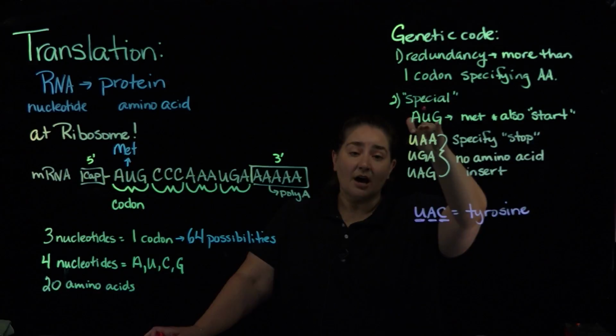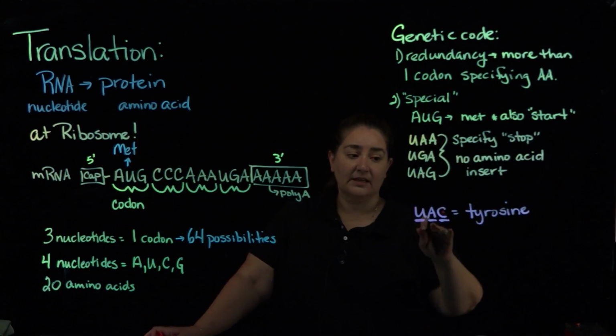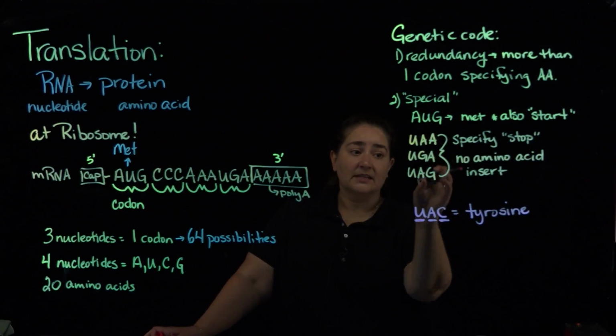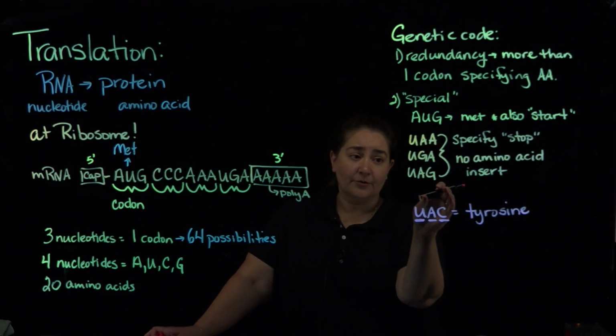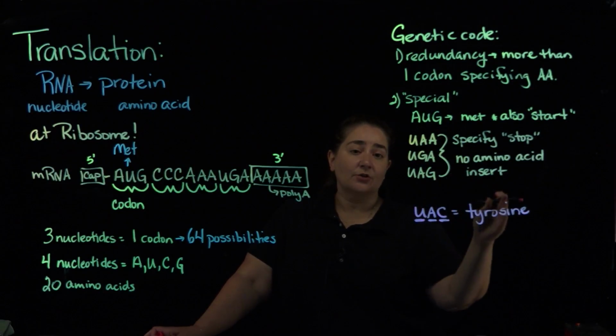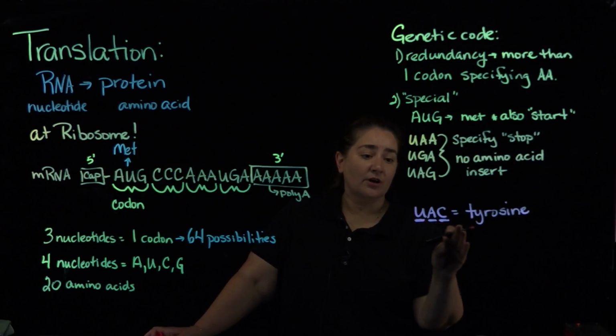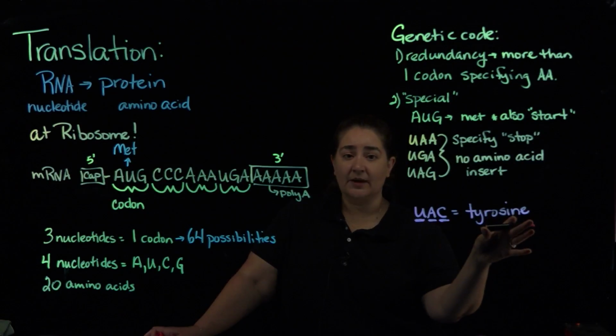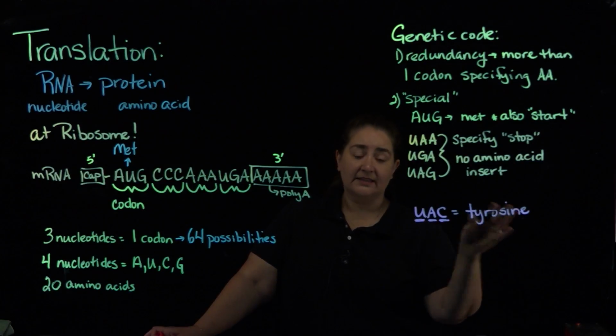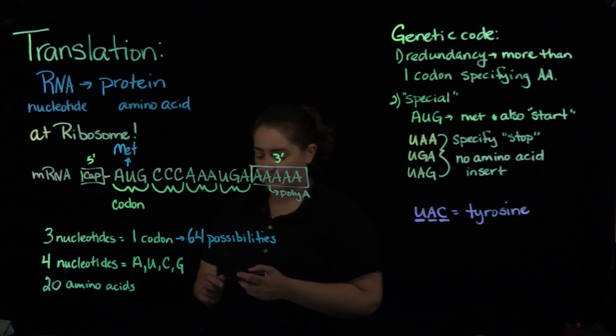Then you're going to go to the top of the table and look for the A. That's going to narrow your column down even further because it has to overlap between the U and the A. Then you're going to go to the right-hand side and look for the C. Whatever is next to that codon, UAC, is the amino acid that will be inserted. In this case, it would be tyrosine.